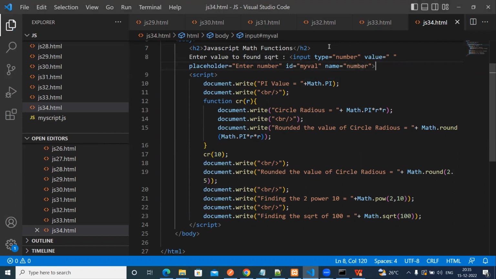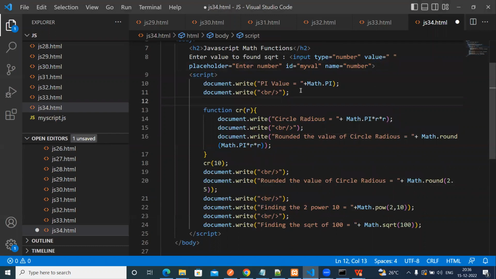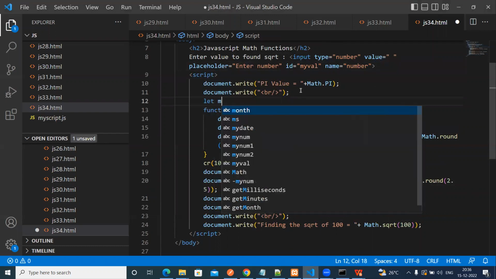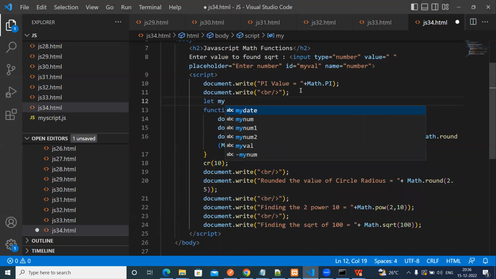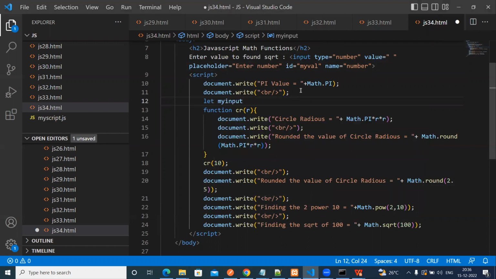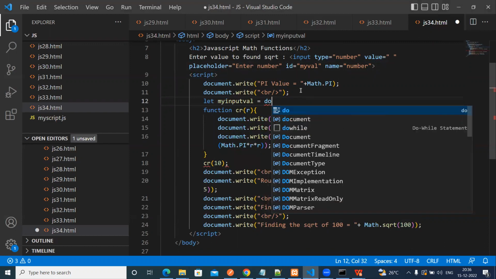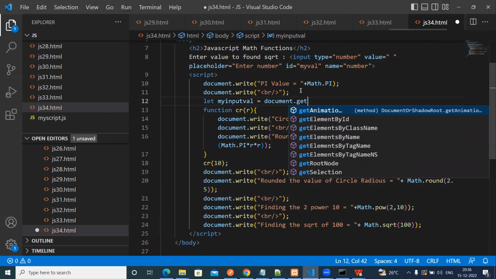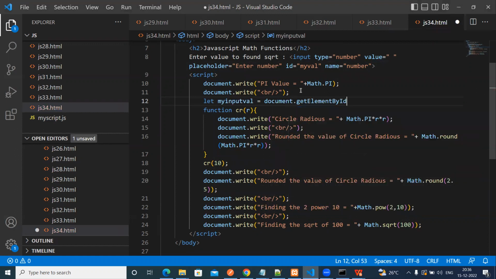Okay, now I am giving like this. I want to get this value. How can I get it? Let my input value equal to document.getElementById. What is the id?